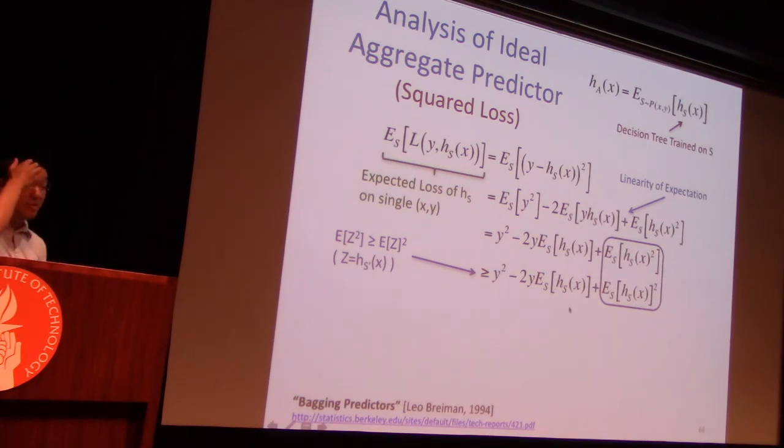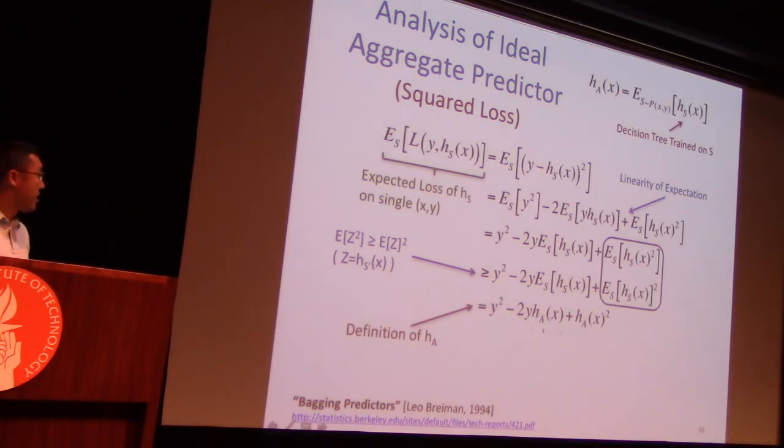This is just invoking Jensen's inequality. And this is basically the error of the ideal predictor. So I invoke an inequality, and I get the definition of the loss of the ideal predictor. And so therefore, you get a reduction there.